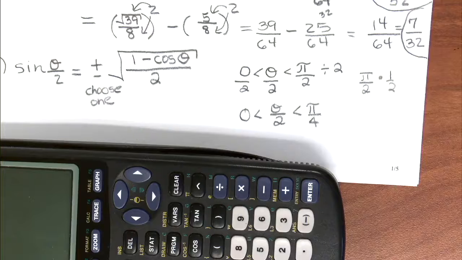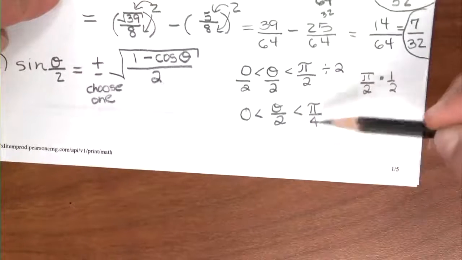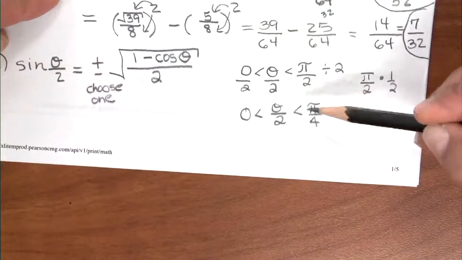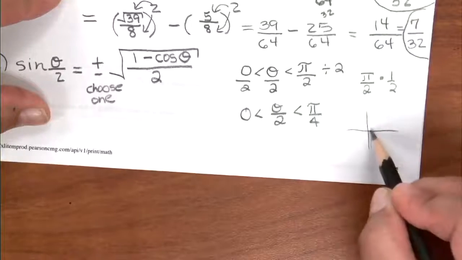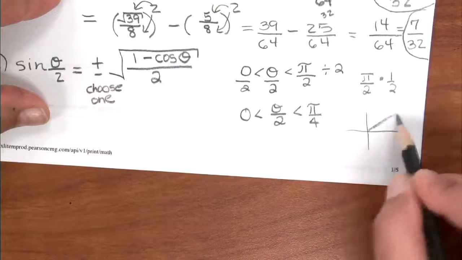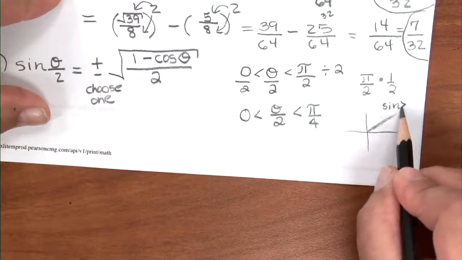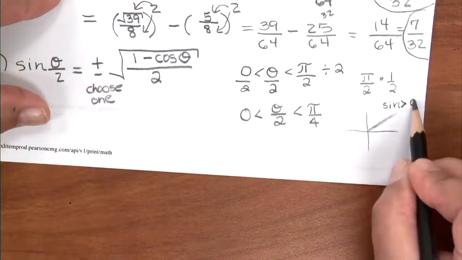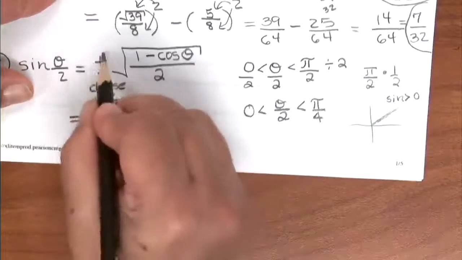Yeah, so if you're in quad 1, is the sign positive or negative? Okay, so because theta over 2 is less than pi over 4, it's between 0 and pi over 4, that would put you in here somewhere. And then the sine value is positive in that case. Okay, so we're going to pick this one.